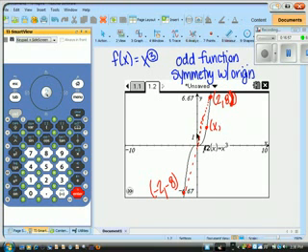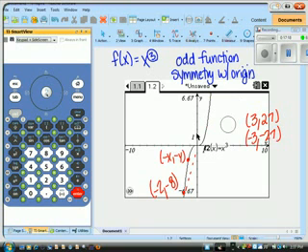So if you have a point x comma y on this graph, you're also going to have a point negative x, negative y. So if you had the point, for instance, 3 comma 27 on this graph, which you know it is, then you also know negative 3, negative 27 is on the graph.